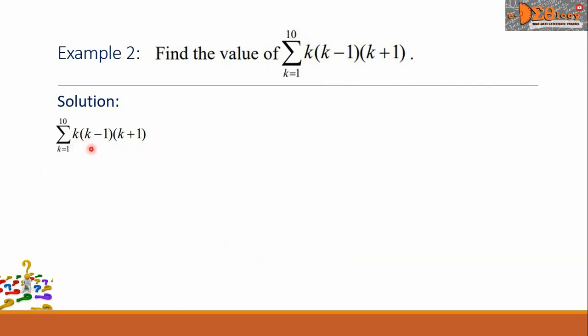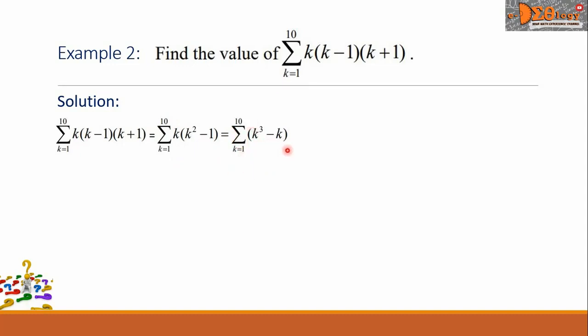Let's begin by multiplying this k minus 1 times k plus 1. So we will have this k squared minus 1. And then this k outside, we will distribute to each of the terms inside the grouping symbol. We have now this summation of k cubed minus k, where k equals 1 up to 10.